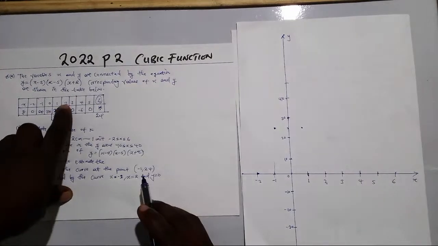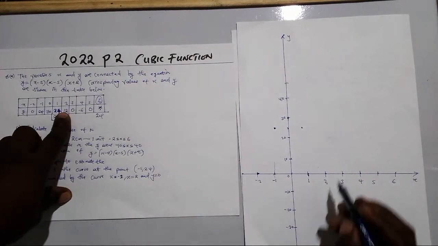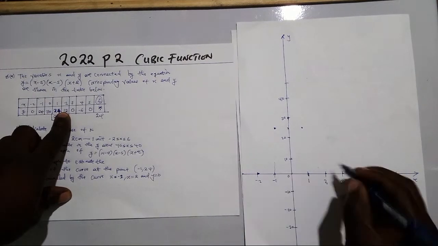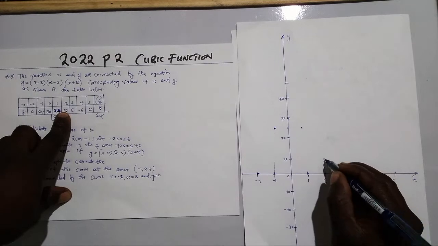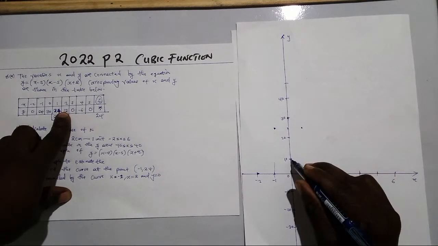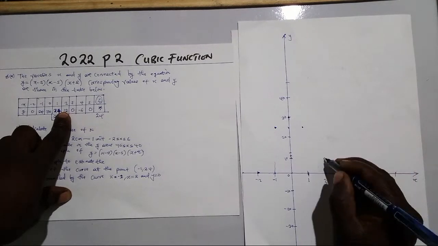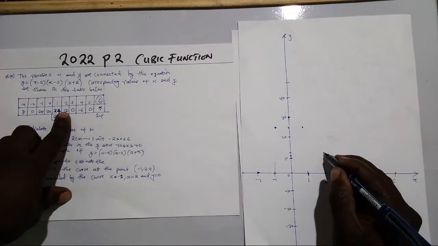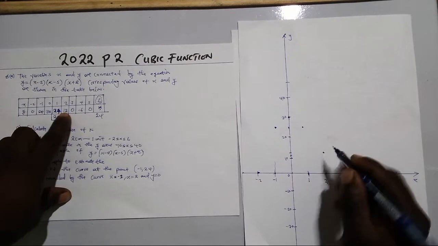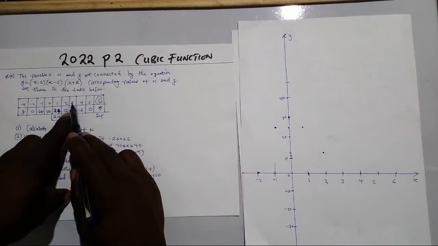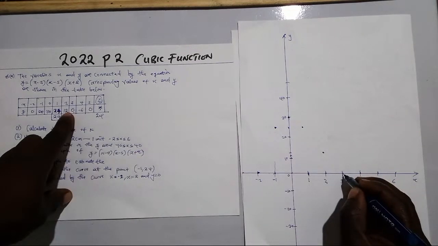Then 2 and 12. 12 is somewhere, this is 10, so it will be somewhere here, because 10, 11, 12. So it will be 2 to 12. Then here we have 3 comma 0 on the x-axis.